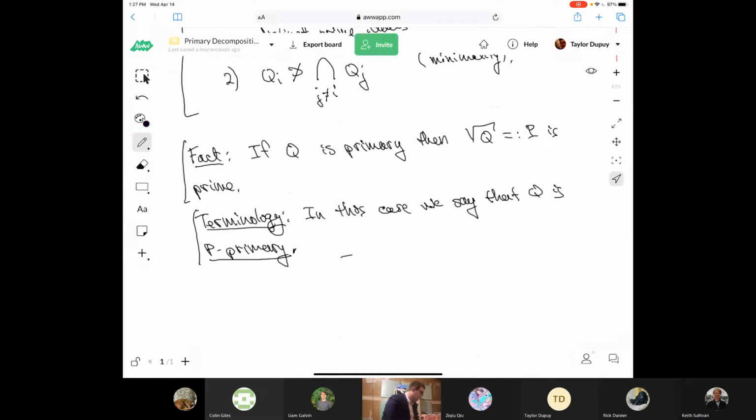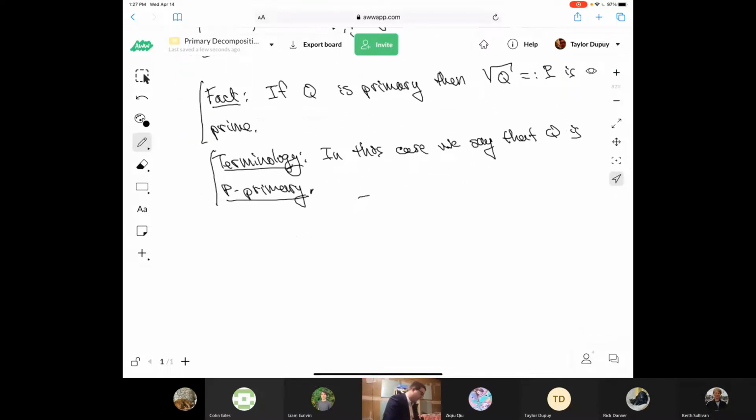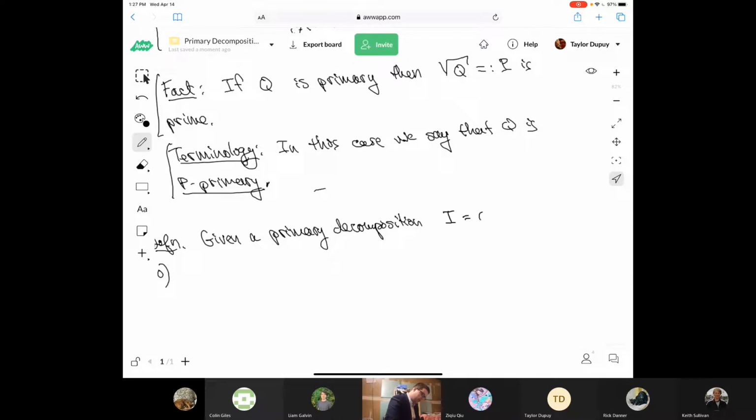Now I can define what isolated or minimal primes are. So definition. Let's say 0: given a primary decomposition, I looks like Q1 intersect Q2 intersect ... intersect Qn.